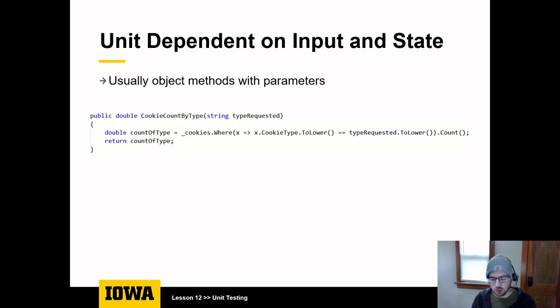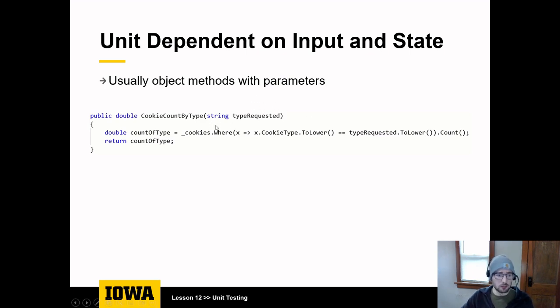And then, of course, we have both. We have some units that are dependent on both input and state. A good example of this is our CookieCountByType method.